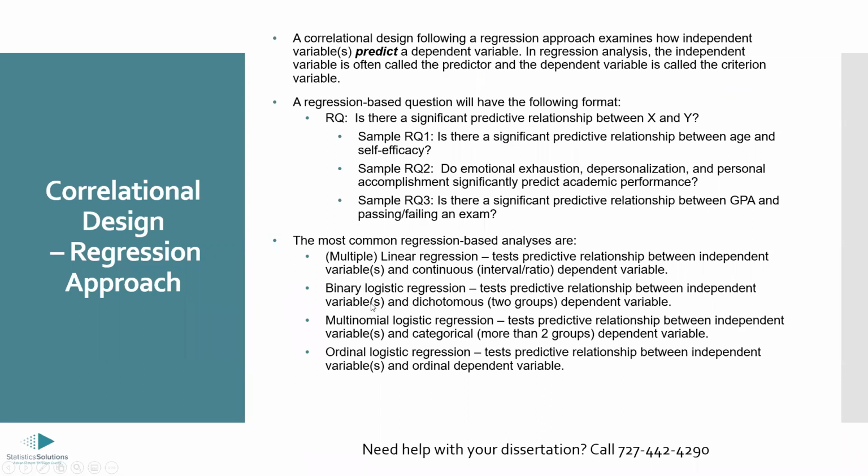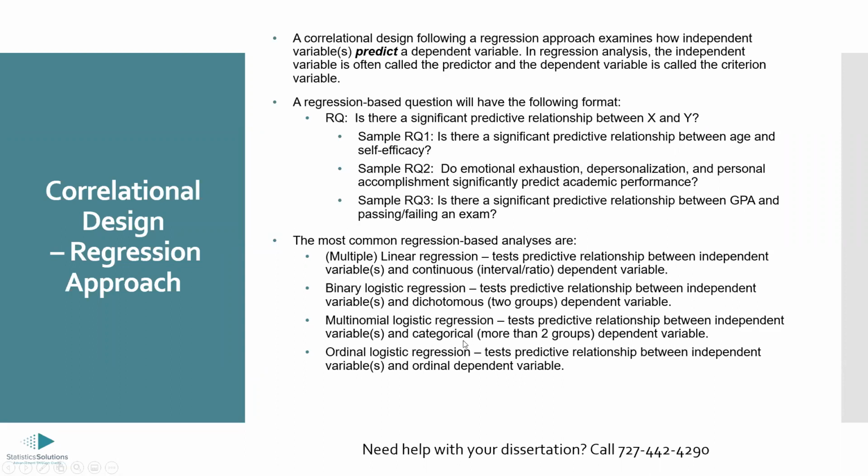So as we can see down here, the 4 most common procedures for regressions are linear regressions, which are used when you have a continuous dependent variable. So something like GPA or age, anything that's numeric that falls on an interval, that's when you do a linear regression.